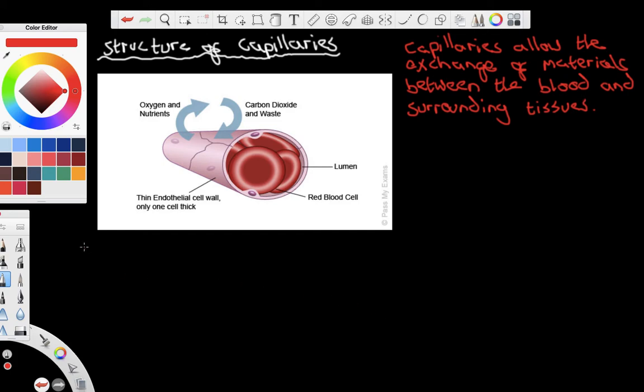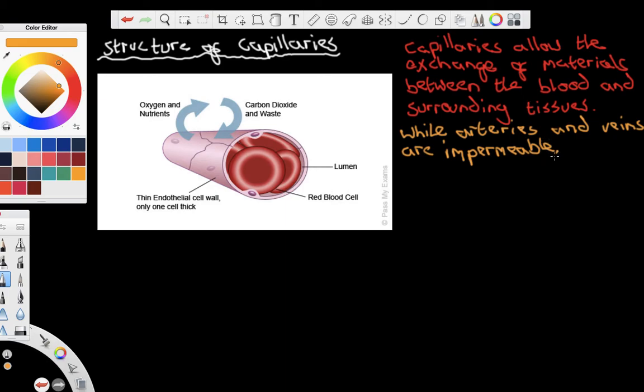Now we can say, because we've also said, that while arteries and veins are impermeable, capillaries are permeable.